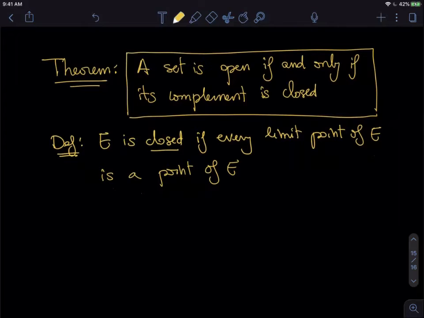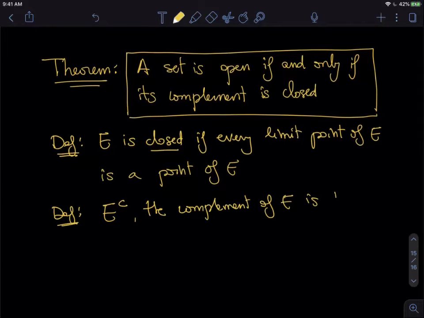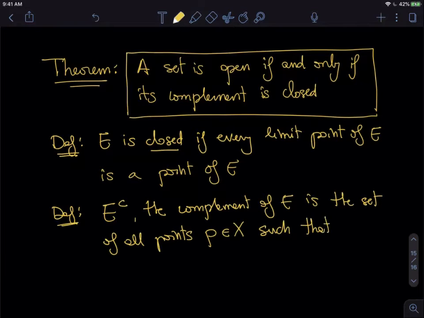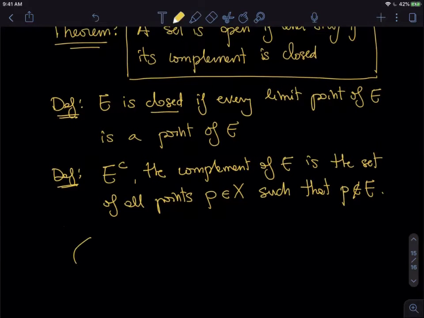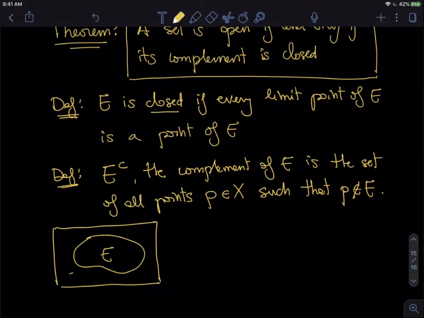And then the complement. So the complement of E, that we write E^C, is the set of all points P in X, okay, such that P does not belong to E. Okay, so if we have a set E, the complement are all the points that are outside.